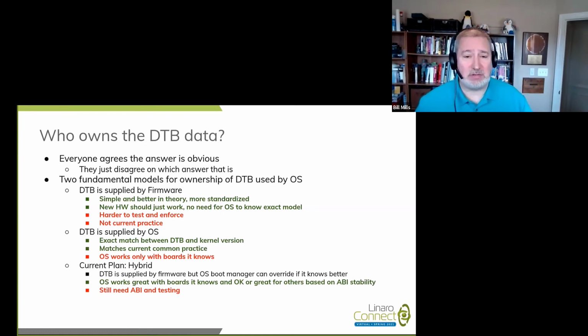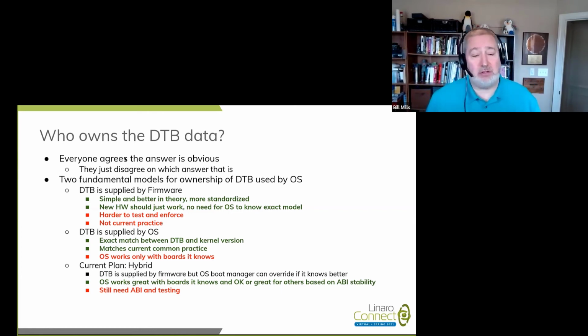So one of the debatable aspects of the DTB boot flow is who owns the DTB? Should it be the firmware or should it be the OS? There are pluses and minuses to both models. The OS is sort of the current model, but the firmware kind of makes more sense.